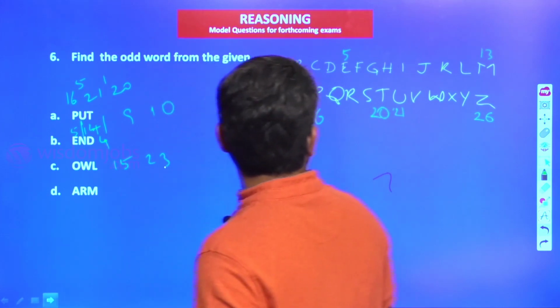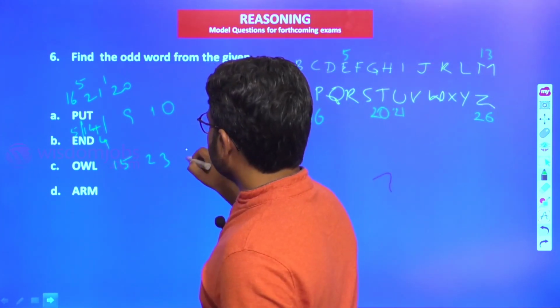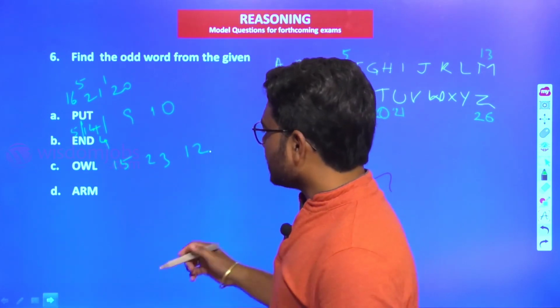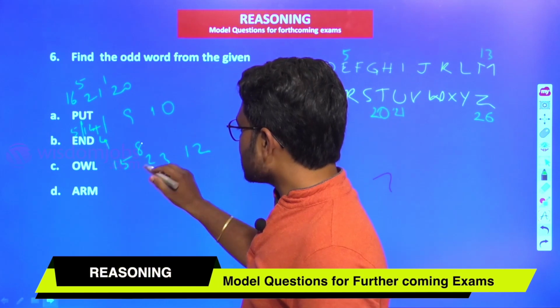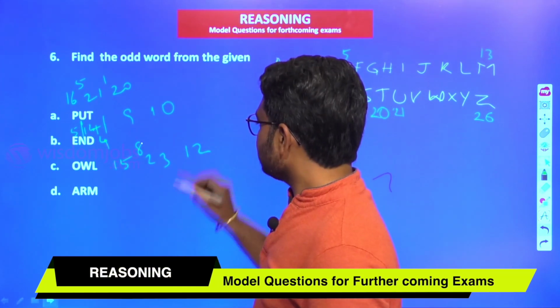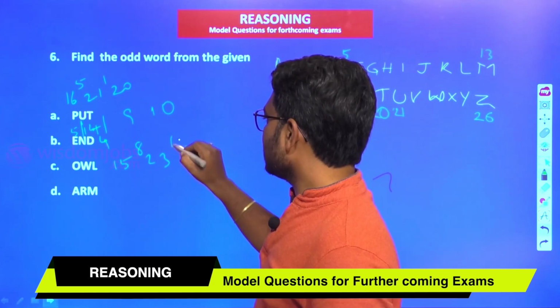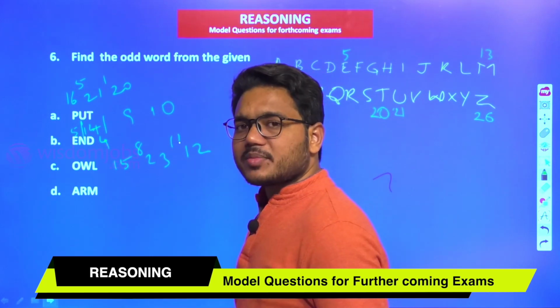Then L. What is the position of L with respect to M? It is 12. So let us check what pattern it is following. The difference here is 8 and the difference between 23 and 12 is 11 again. So it is not following any regular pattern.